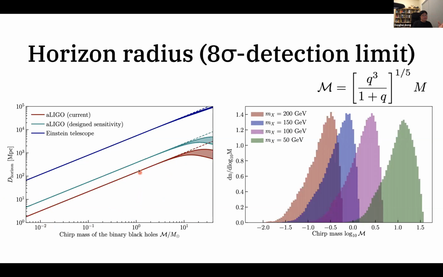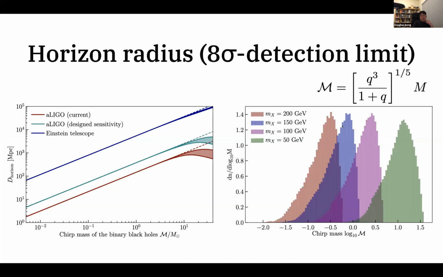The full upgraded Advanced LIGO design sensitivity is a little bit beyond, and the Einstein Telescope can, of course, detect that out to something like 10 gigaparsecs. So subsolar mass black holes are within our technological reach, and that has implications far beyond just stellar evolution, because if you detect that, you can say something about the dark matter population. Currently, I think that's the only possibility to make something like 10% solar mass black holes.